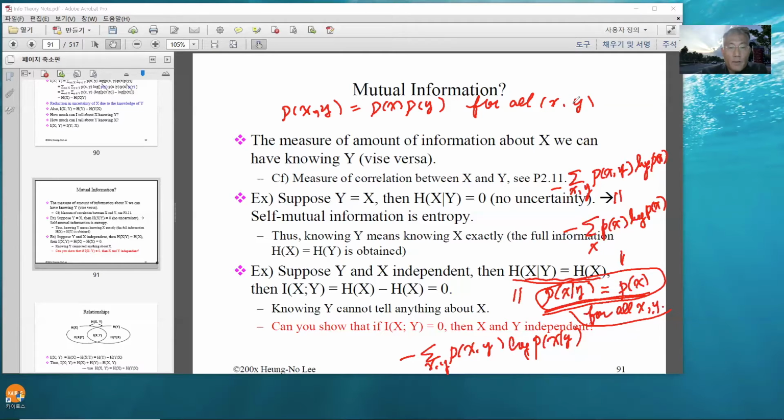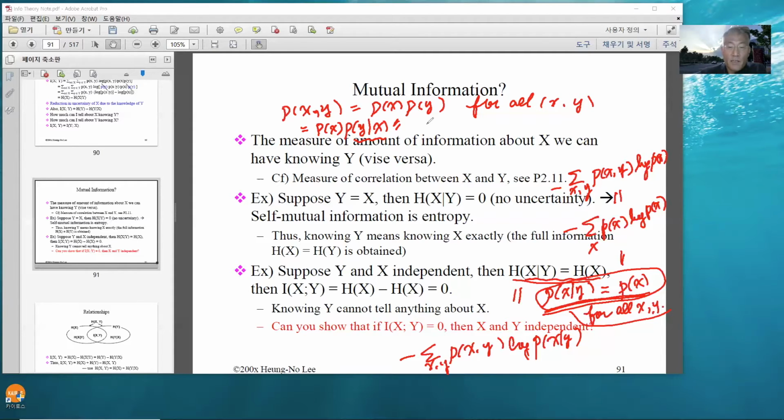So by the definition of joint distribution, we can say this is equal to that, and if the two random variables are independent of each other, then this is true.